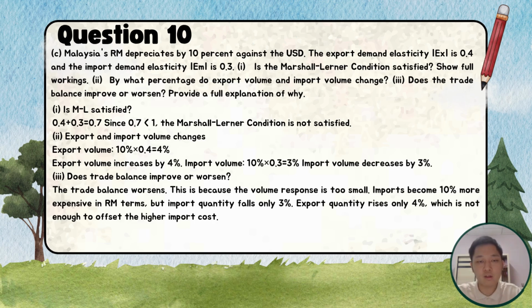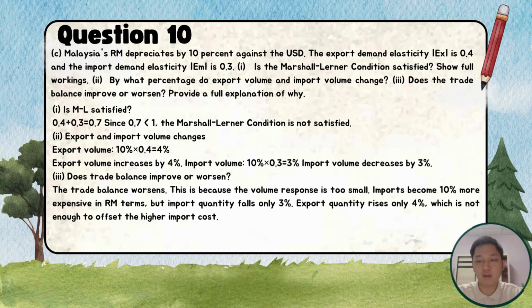Next, I calculate the change in export value. The export value increases by 10% multiplied by 0.4, which equals 4%. Then I calculate the change in import value. Import value decreases by 10% multiplied by 0.3, which equals 3%. The trade balance worsens because the volume response is too small.